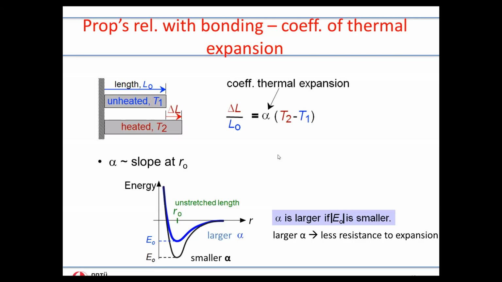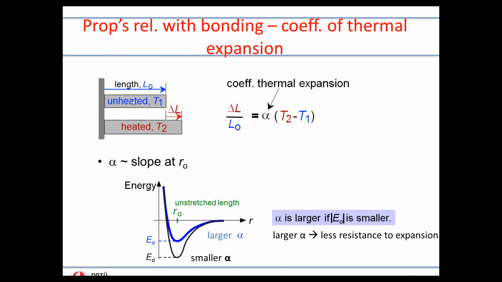An increase in temperature is possible via providing heat energy to the sample. So the bar here, glued onto a fixed surface, a wall on the left-hand side, is heated from its unheated resting state of temperature 1 to a higher temperature of temperature 2. And as a result, it increases its length.